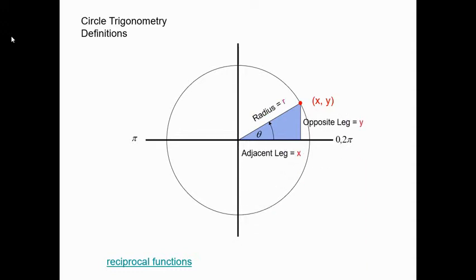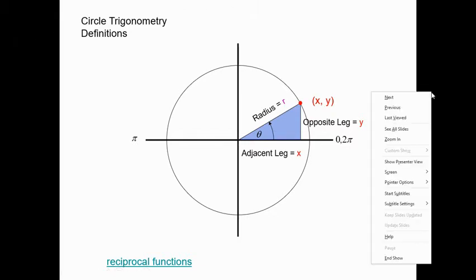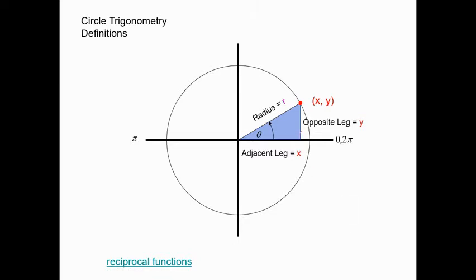When we draw a right triangle from that point down to the x-axis, we get a perpendicular, and the distance from the point down to the x-axis is considered y, and the distance of the adjacent leg along the x-axis is considered x.